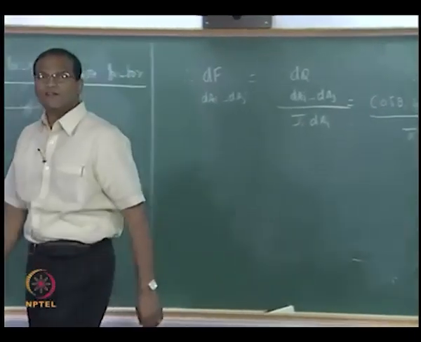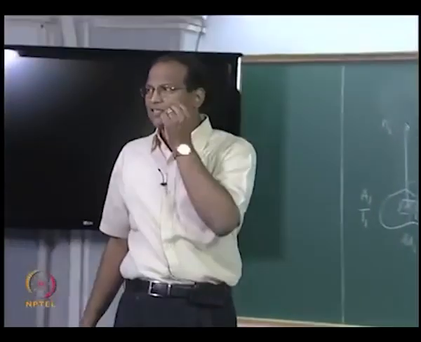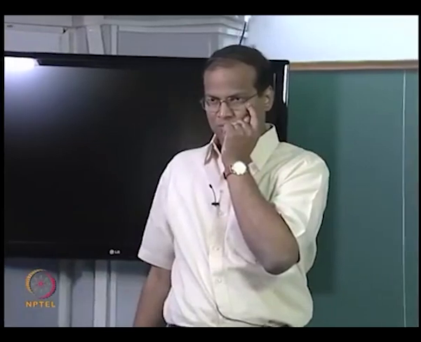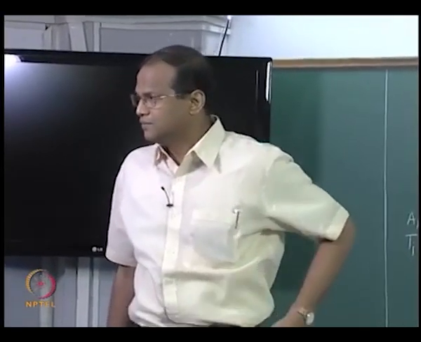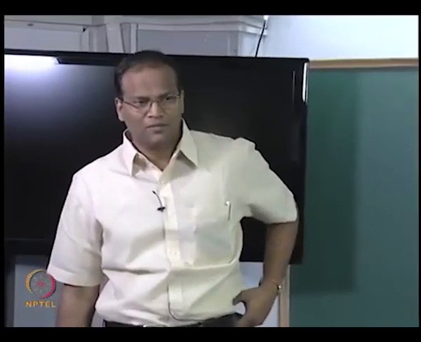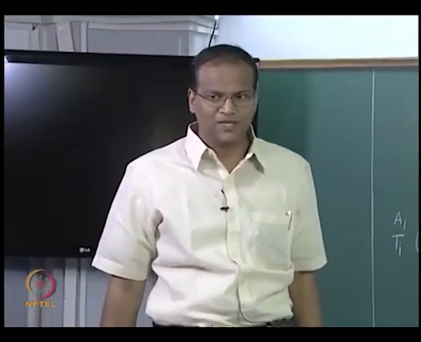F is a fraction, F is dimensionless, right? Is it consistent? Sure, if it is not consistent, we made a mistake. dA has got meter square, r square has got meter square, gets cancelled.